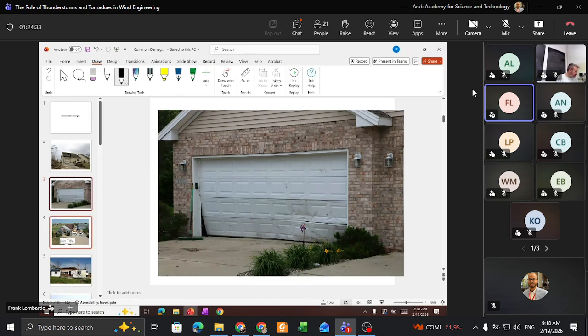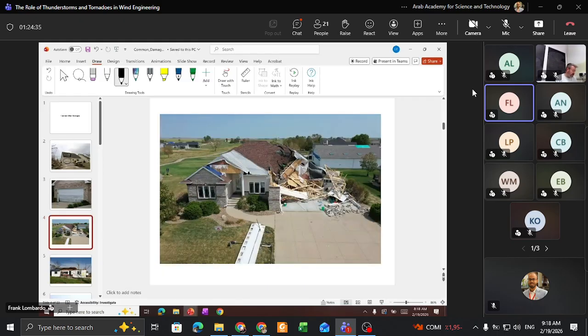Here's another example. This was actually in the derecho in Iowa in 2020, so this was non-tornadic winds. It's a really interesting case study that we won't cover, but you can see here, basically this is the garage. We can never determine if the door was open or bent or anything else.